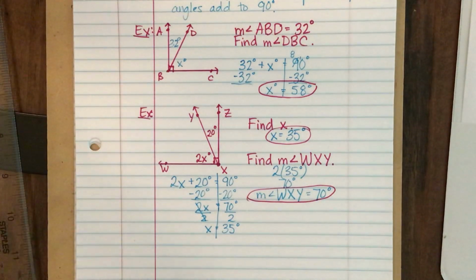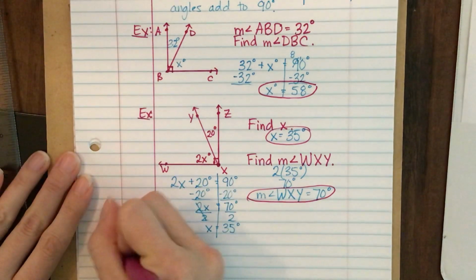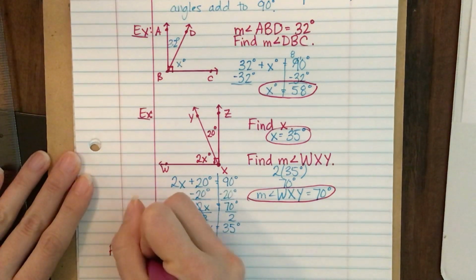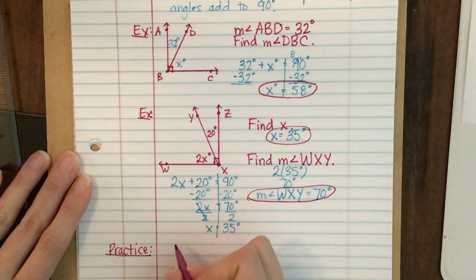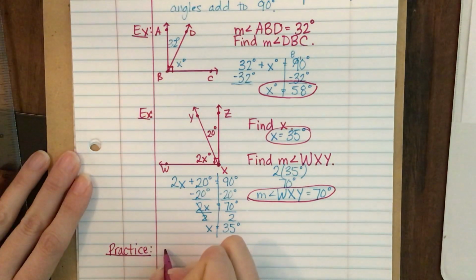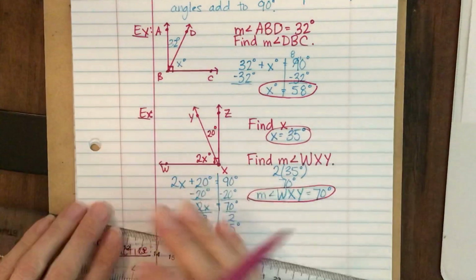All right, I'm going to have you guys try one now. This is going to be a practice problem. All right, let's draw a picture first so we can see what we're looking at.